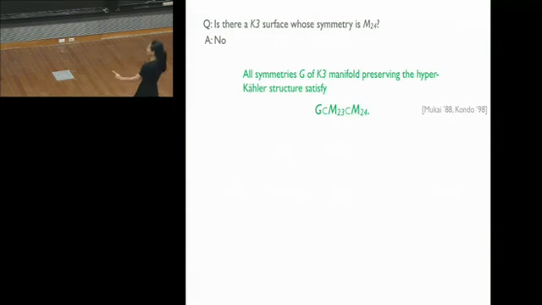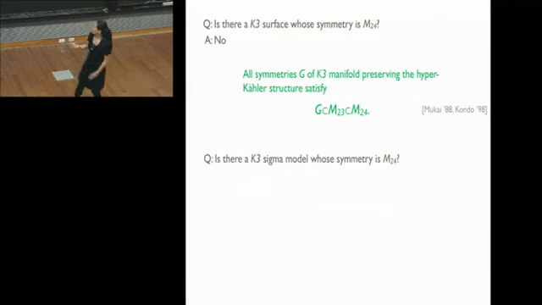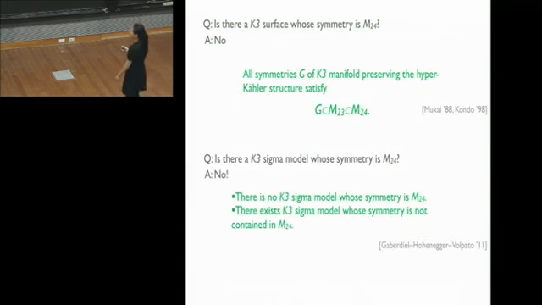And if you're a string theorist, you might say, haha, that's because you're not a string theorist. That's too naive, because we are computing the sigma model quantity, and the sigma model has more symmetry than just the classical symmetry of K3. So maybe there is a K3 sigma model whose symmetry necessarily contains the symmetry of the underlying target K3, and the symmetry might be big enough to cover M24.